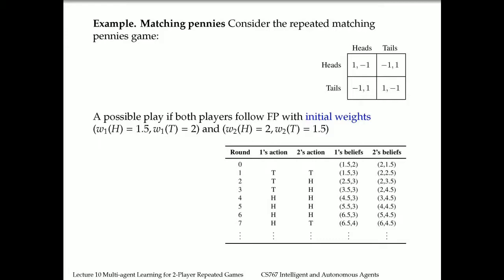So that means, from the point of view of player 1, playing tails will be more likely to win the dollar. Whereas from player 2's side, because he believes that player 1 will more likely play heads with weight 2 and less likely play tails at weight 1.5, player 2 wants to play tails because that's different from what he believes player 1 would take.